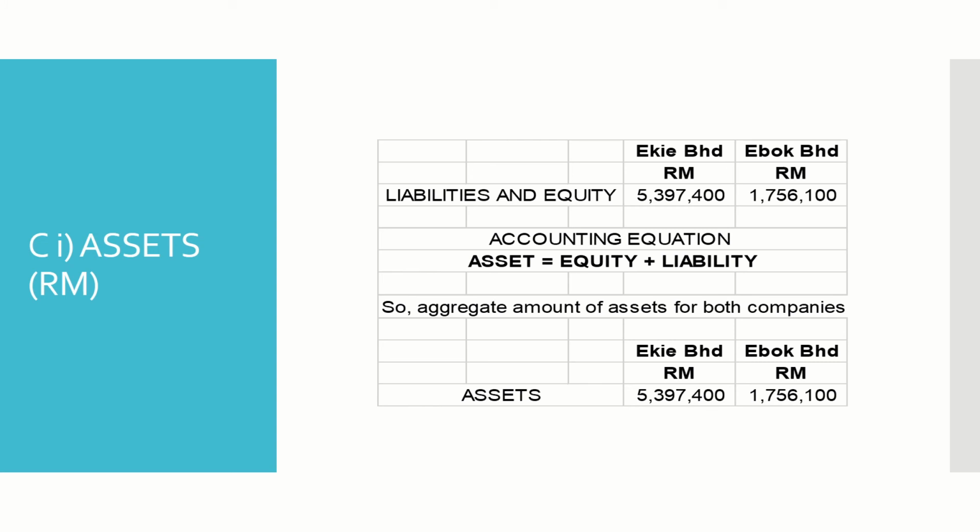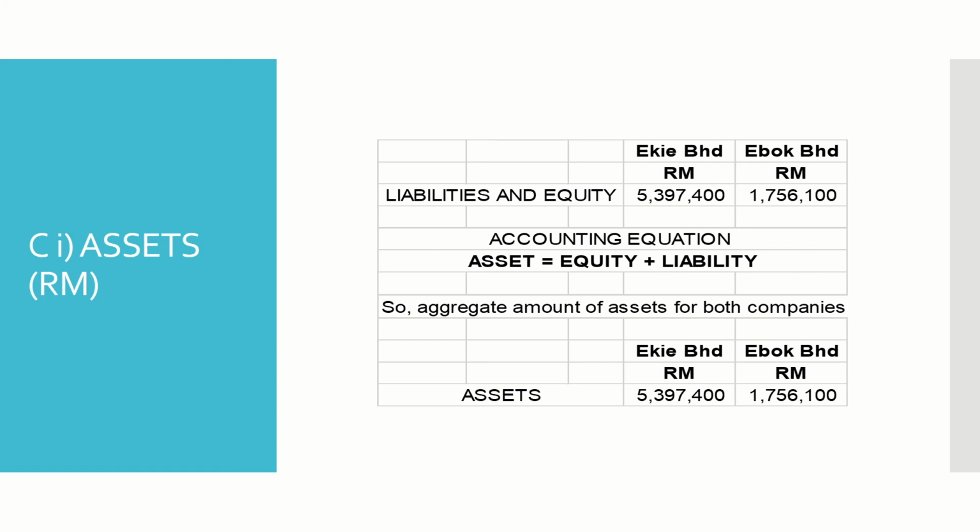C. You are given the key comparative figures for Iki Berhad and Ibu Berhad for the year 2018. Key figures, which are net income, liability and equity as at 31st December 2018, and also revenue. Required 1.